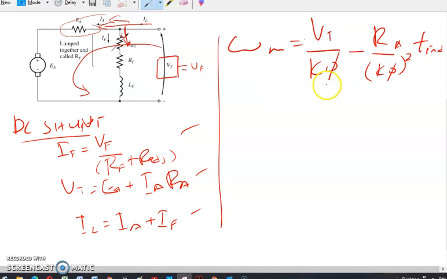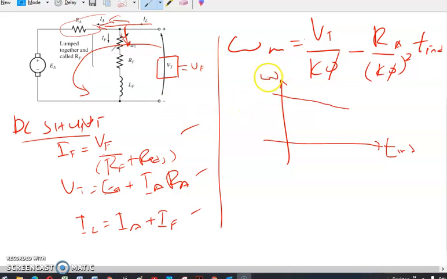So what is stated here, if we plot the behavior characteristic of the shunt motor, this one is your speed, this is your torque. Speed versus torque. This is the behavior of your shunt motor.